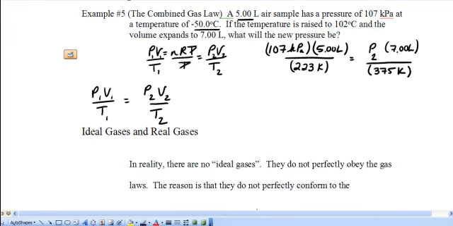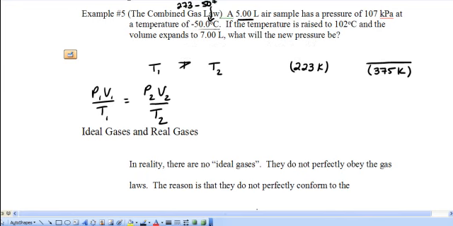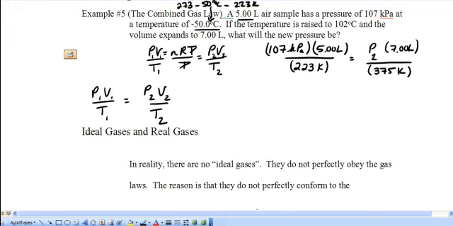Of course, this right here is going to be 273 minus the 50 degrees Celsius to equal the 223 Kelvin, and then over here 273 plus 102 gets you the 375 Kelvin, just so you know.